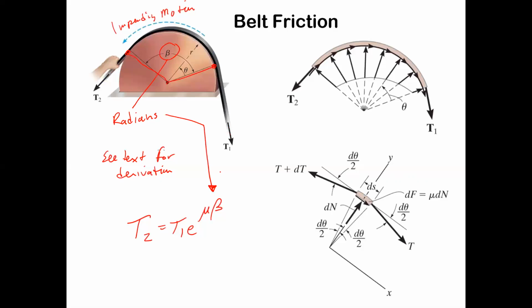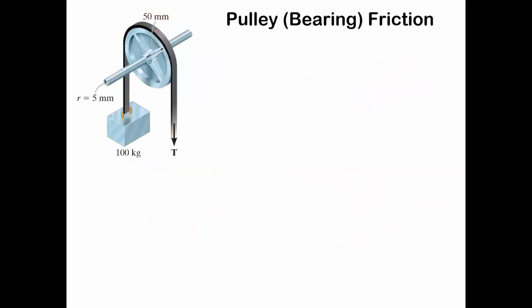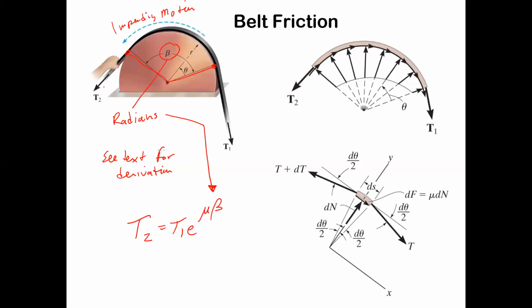And since mu is positive, beta is positive, is T2 going to be bigger than T1 or smaller than T1? Bigger. Yeah, if you want this to slide this way, because of all the friction, you've got to overcome all these little microscopic friction forces trying to prevent you from moving the belt that way.